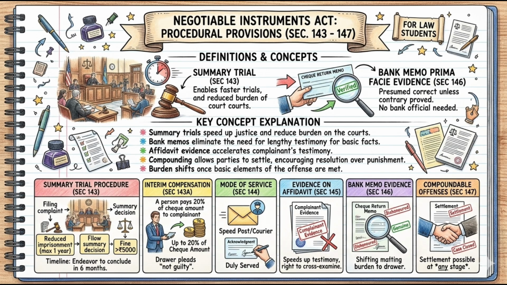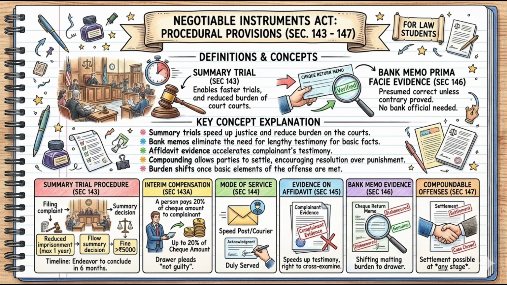Finally, let's take a look at how these cases move through the court. To prevent these cases from clogging the courts, Section 143 empowers the magistrate to conduct a summary trial with an endeavour to conclude these cases within 6 months.